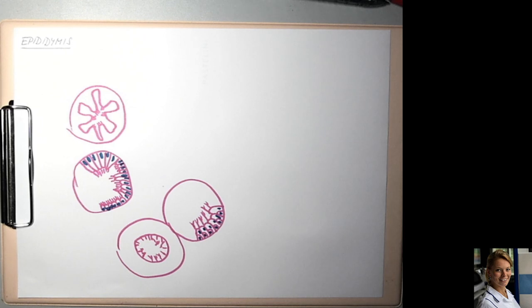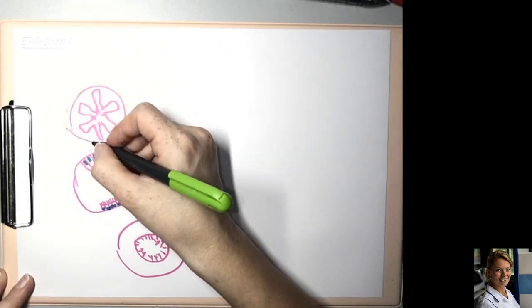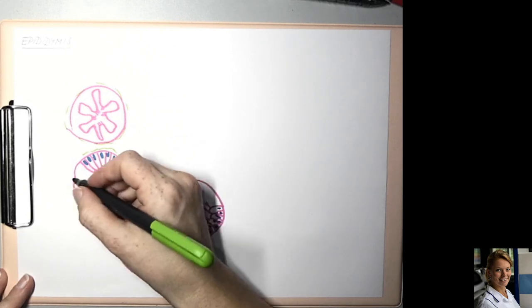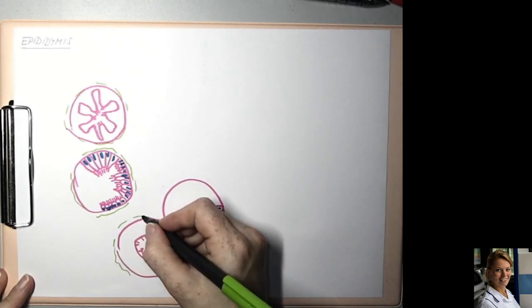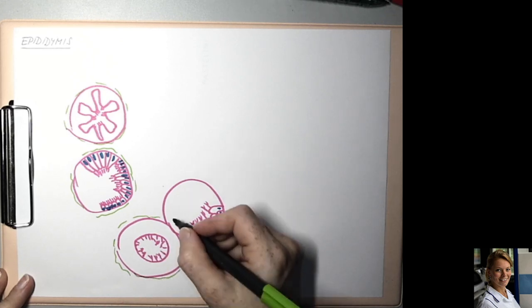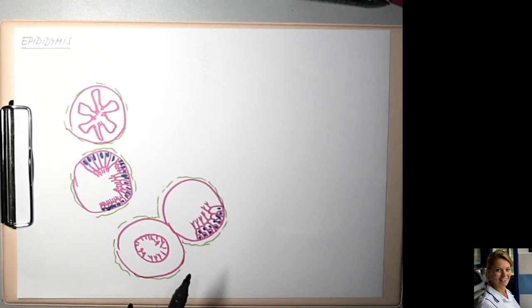Beneath the epithelium is the lamina propria, a thin layer of loose connective tissue. This is around the epithelium, around the lumen.